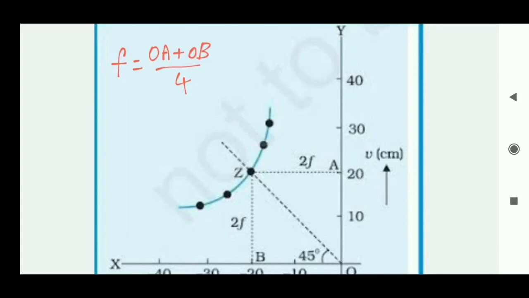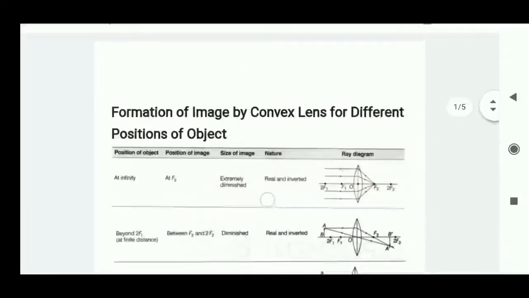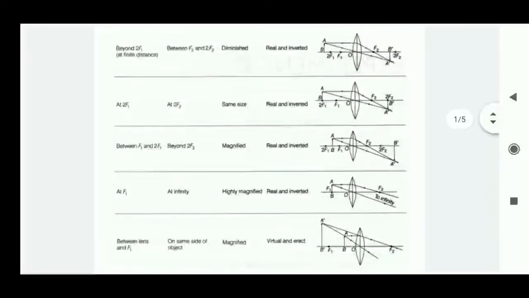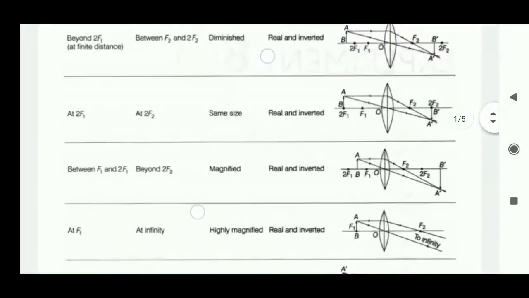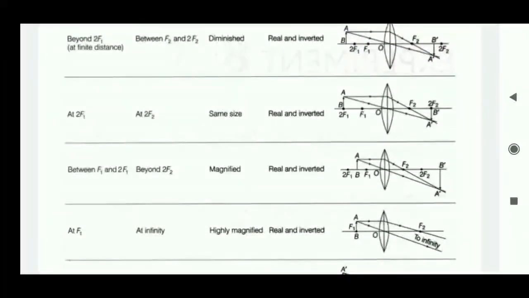Suppose we draw a line making 45 degrees with the x-axis. We know where it touches the graph; at that point the object distance and image distance are both the same. We know in the case of a lens, where the object distance and image distance are the same, that is the third case: if the object is at 2f, the image also forms at 2f, same size, real, inverted.